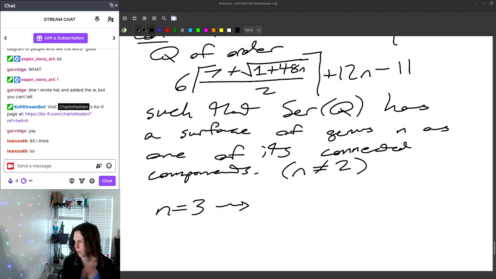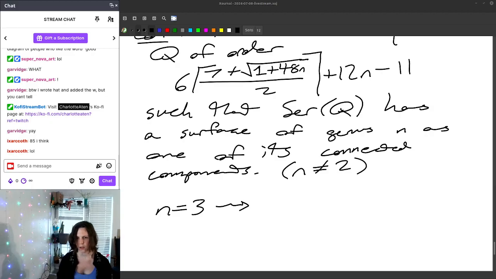I'm typing out the general function here, times n, plus 12 times n minus 11. Okay, so hopefully I typed it out correctly. Let's see. Yeah, 85.